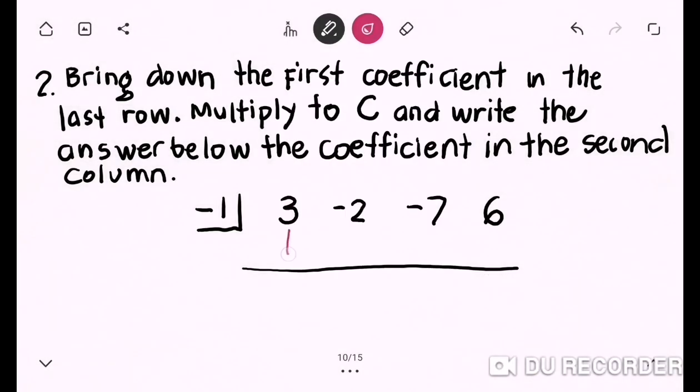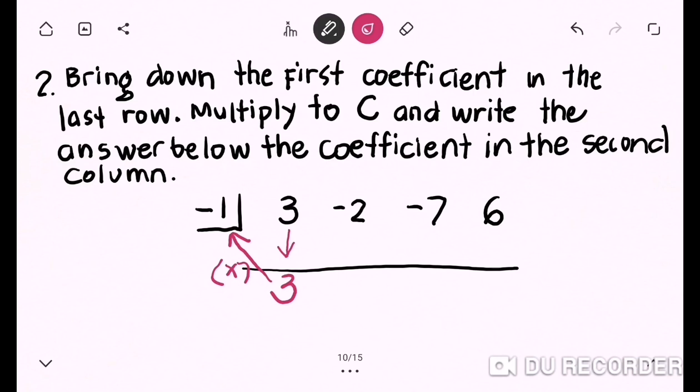So, baba natin or bring down sa last row. And then, multiply to c. So, meaning to say, itong naibaba natin, multiply natin dito. So, 3 times negative 1, the answer is negative 3.